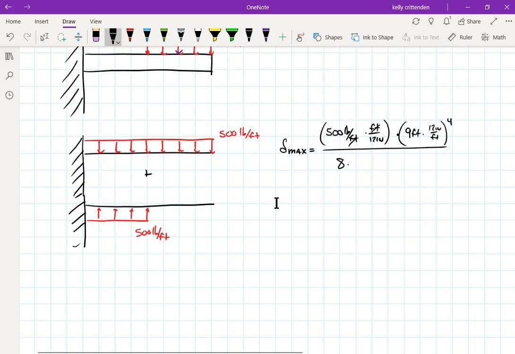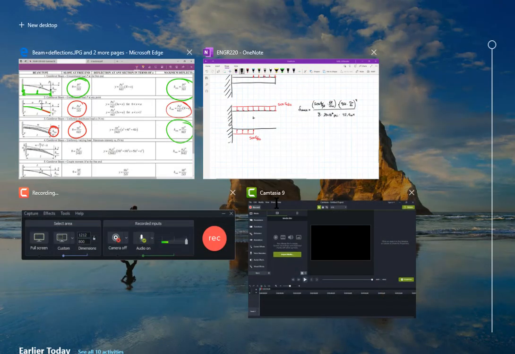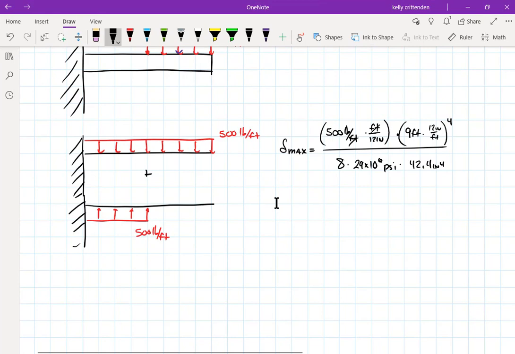Let's just use the same beam we've been using. So E is 29 times 10 to the 6 psi, and I is 42.4 inches to the 4th. And let's make sure that that's the actual right equation. Yes. Okay. So this will give us the deflection at the end of the beam if the 500 pounds per foot was over the entire beam, which it's not, but that's what it would give us.